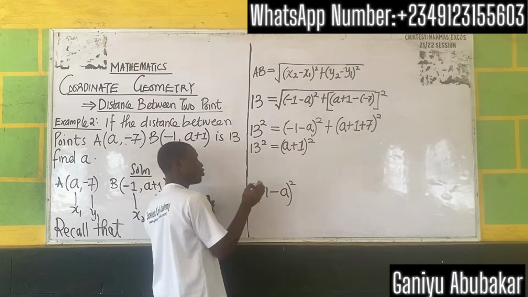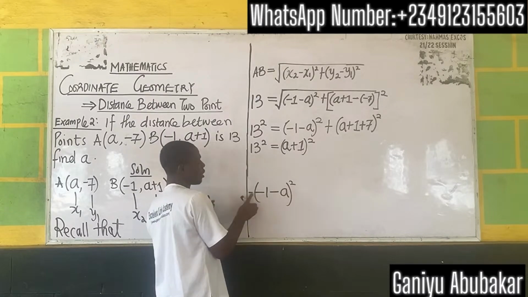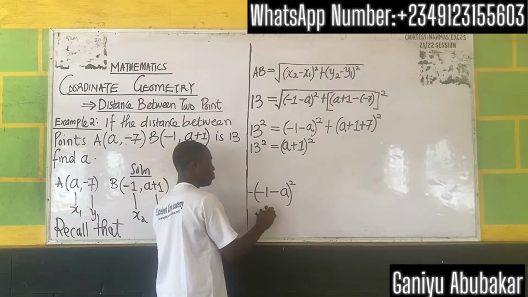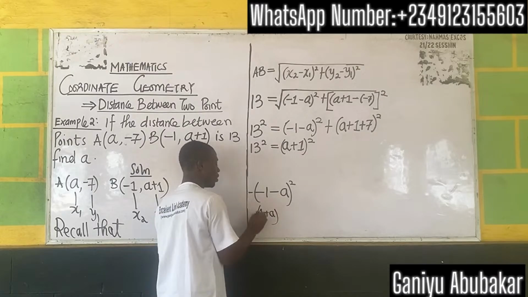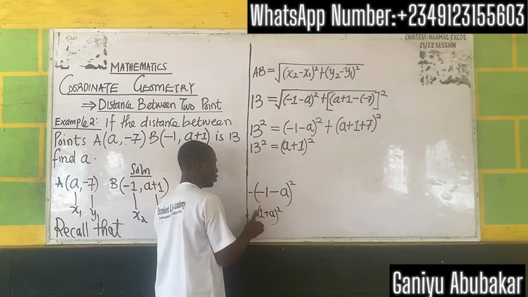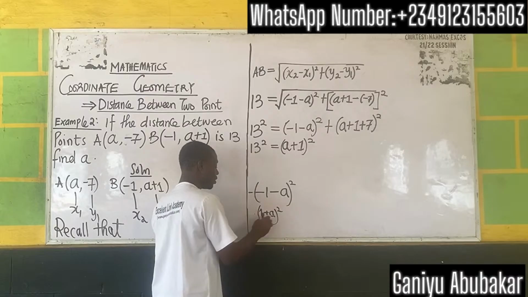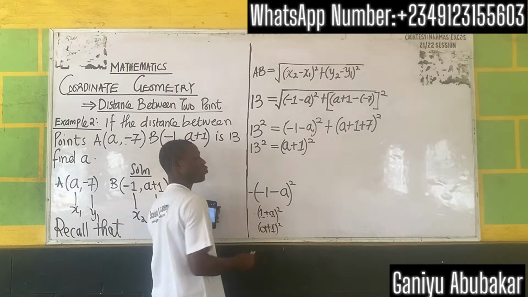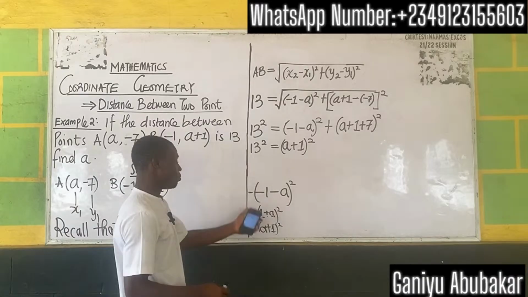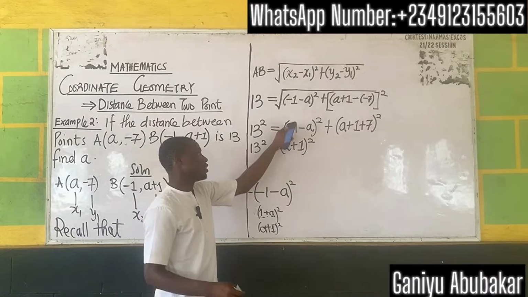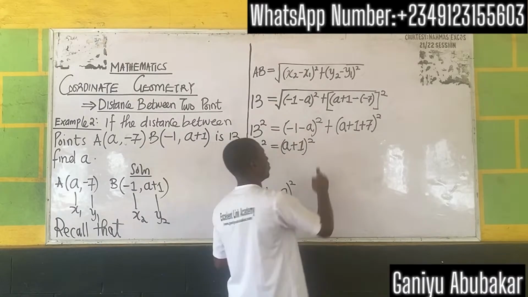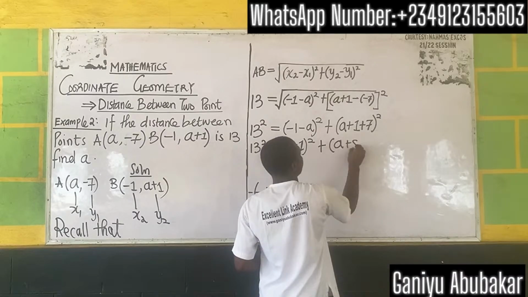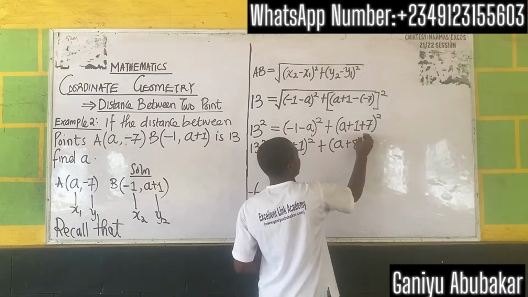So I can introduce a negative sign: minus times minus gives plus 1, minus times minus gives plus A. So I can rearrange it as A plus 1 squared, and 1 plus A squared is the same thing. Then plus, this one gives you A plus 8, since 1 plus 7 gives 8, all squared.